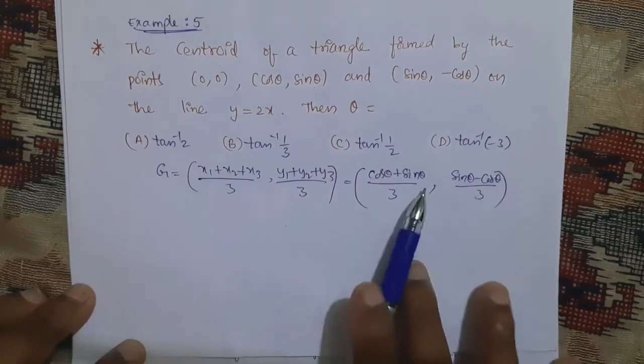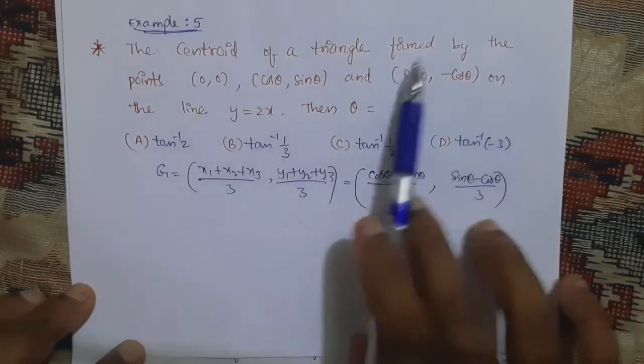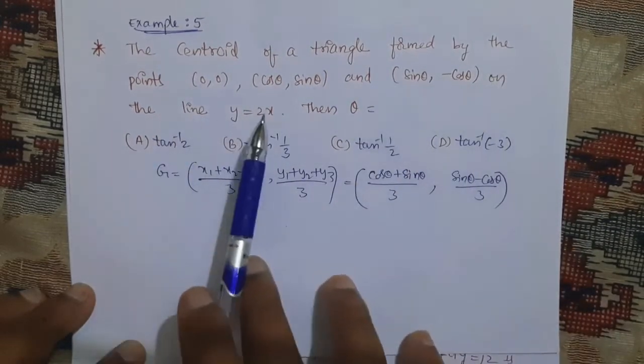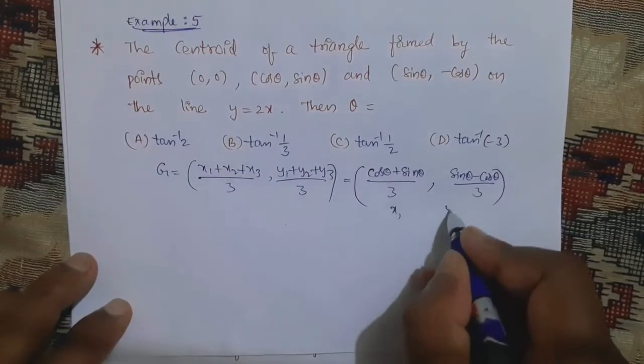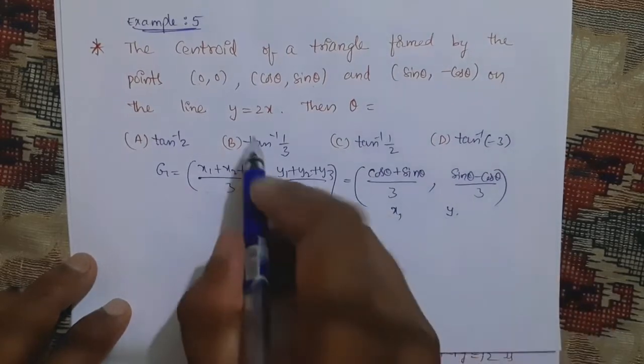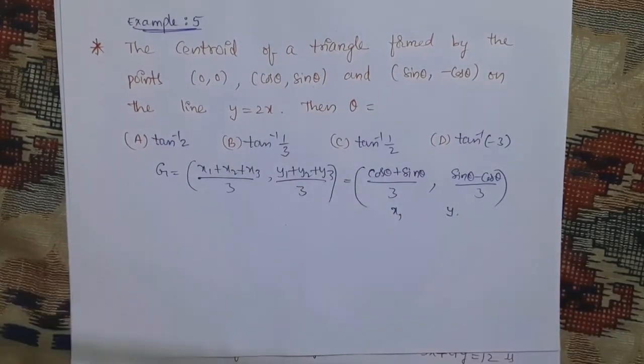So this is the centroid, but they said the centroid of the triangle formed by these points lies on the line y = 2x, that means this is the point (x, y). We substitute these values in this equation to get θ.